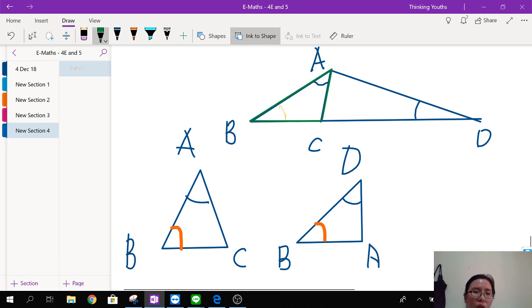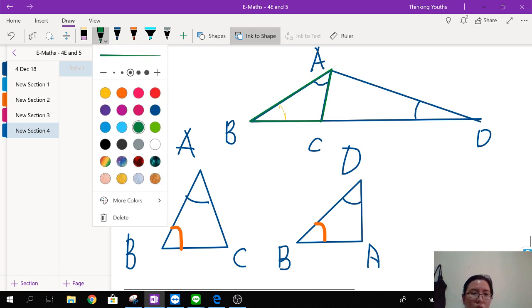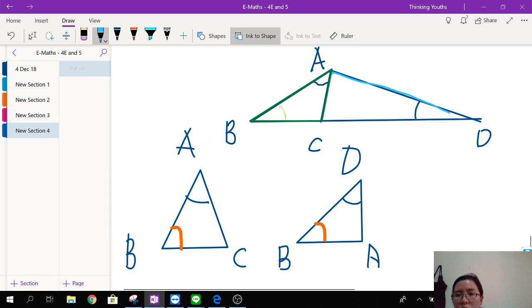Okay, the other one will be the big triangle, the big triangle here. Which we already redraw it here. This is the small one in green, and this is the big one in blue.